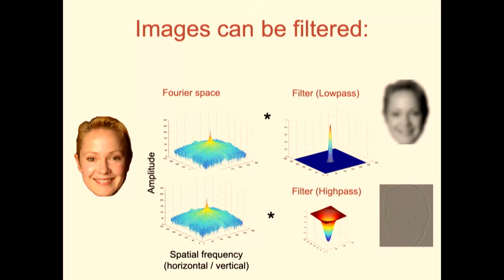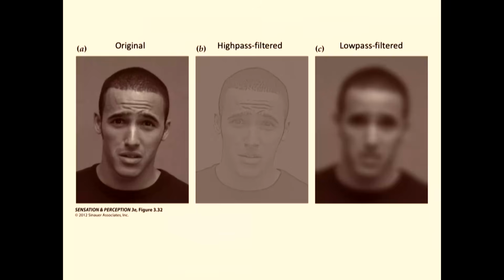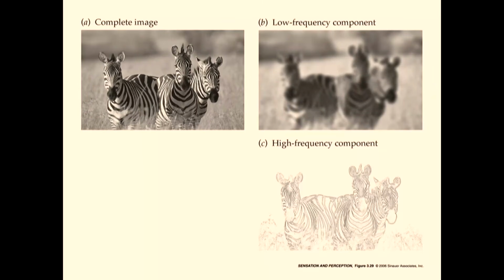Okay, so images can be filtered. So here are some examples. Here's another face image with the high-pass filtered version and the low-pass filtered version. Again, the low-pass filtered versions just look blurry. Here's another image with the low-frequency component and the high-frequency component.